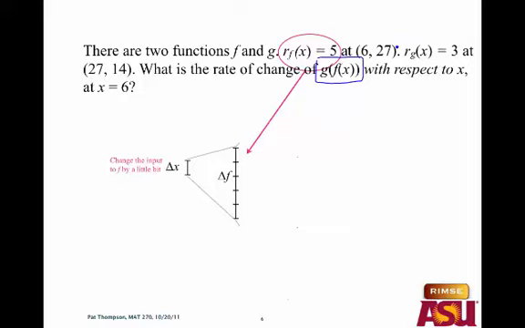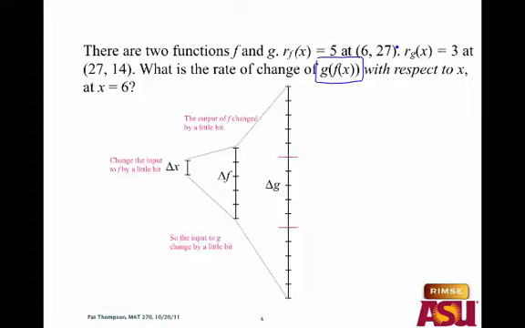So now that's a change in F, and F is going into G. So how much is G going to change for that change in F? 3 times as much as the change in output of F. So when x changes a little bit, F changes 5 times as much according to its rate of change. That's the change that is going into G. So now G will change 3 times as much as that.